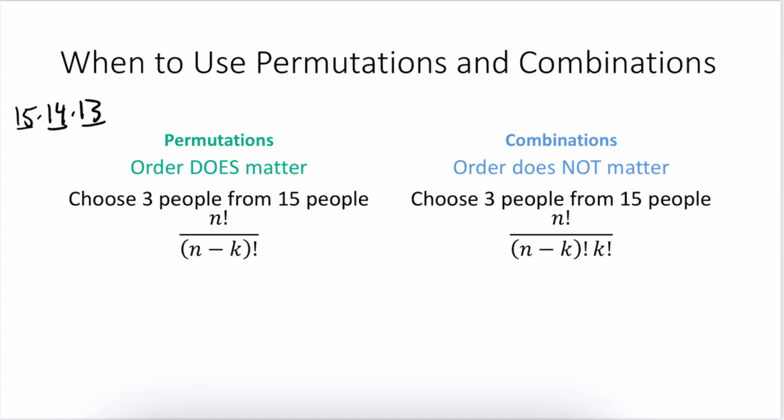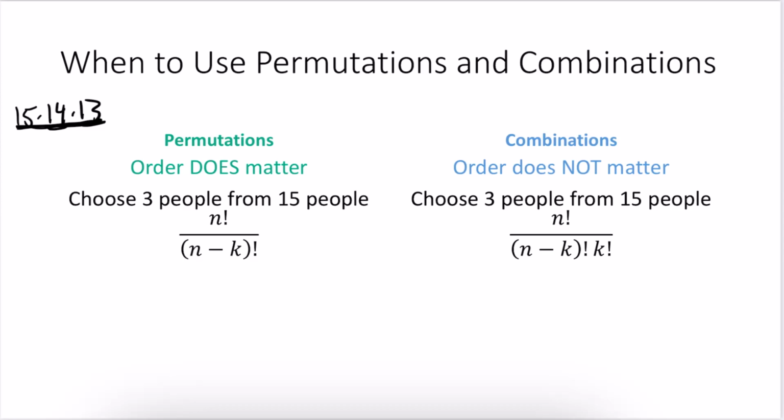Then, because the order does matter, we're not going to divide by any duplicates. We're just going to let it stay like that. So we know from our choice tree practice that this is what the calculation should be. And if we were to use the formula to calculate this, it would give us the same answer.